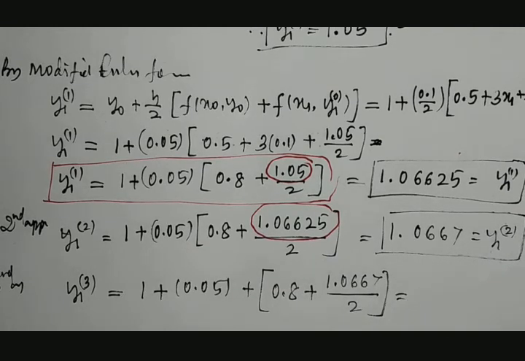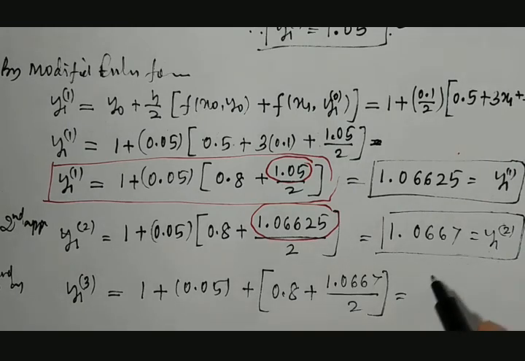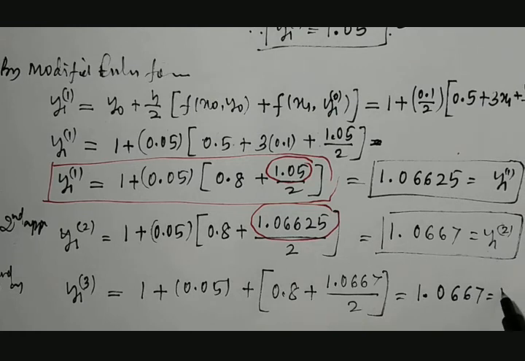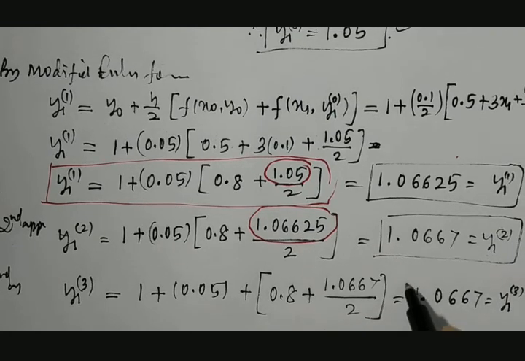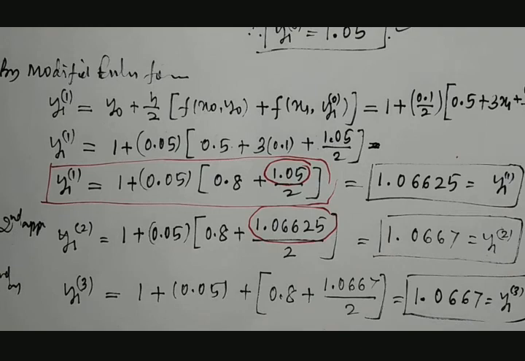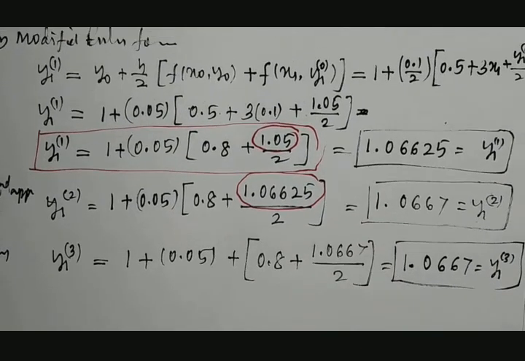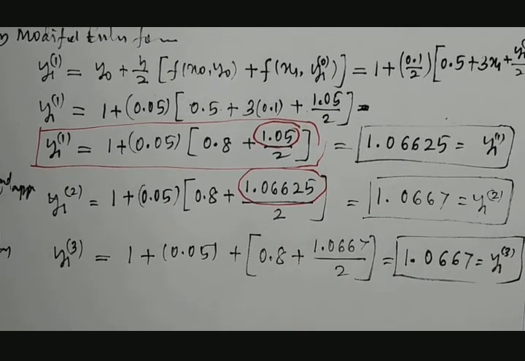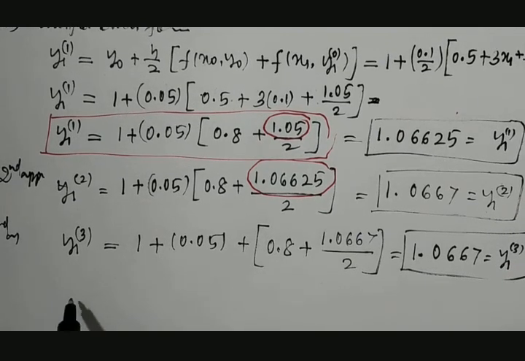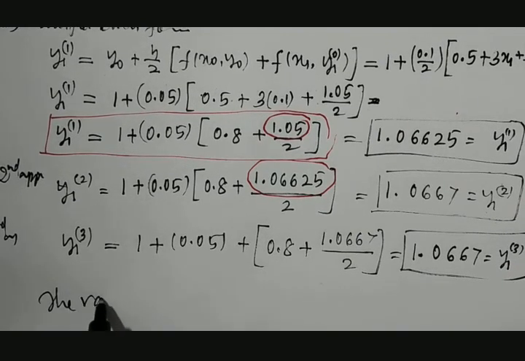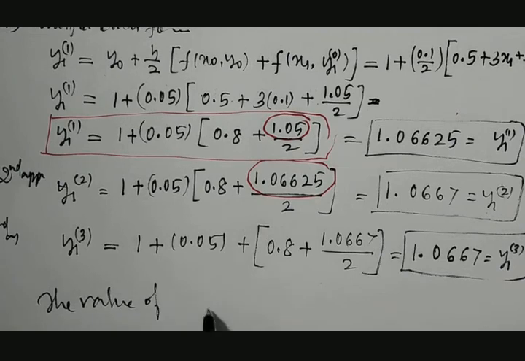Let us see what it is now. This will be equal to 1.0667. This is the third approximation. If you compare these two, they are the same. Therefore, we can say the value of y of x1, that is y of 0.1, is equal to 1.0667.